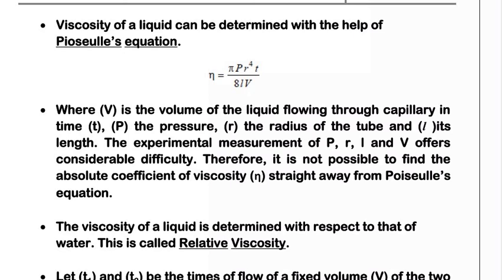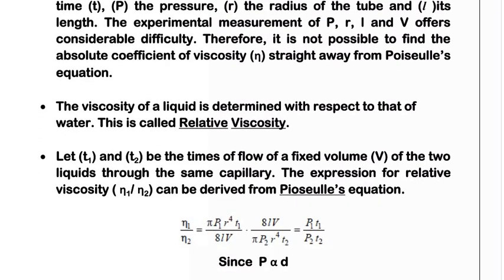The experimental measurement of P, r, l and V offers considerable difficulty. Therefore, it is not possible to find the absolute coefficient of viscosity eta straight away from Poiseuille's equation.